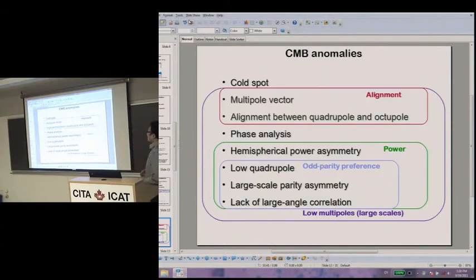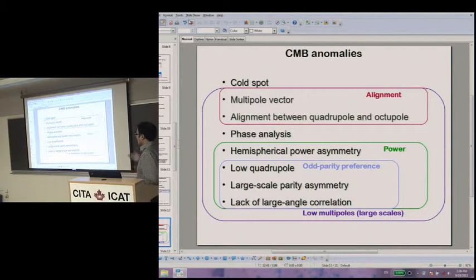So now these are the CMB anomalies. I'm not going into the details, but there are various CMB anomalies. These two multipole vector alignments, between quadrupole and octupole, have a common feature: alignment. And these are the important ones: low quadrupole power, large-scale odd-parity preference, and large angle correlation, as I mentioned before.